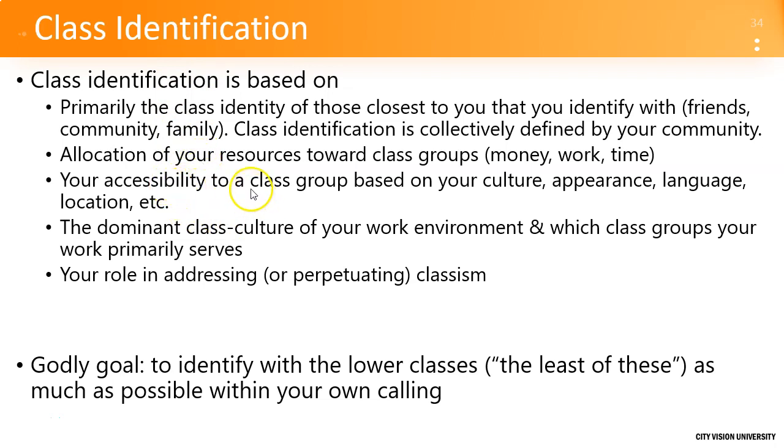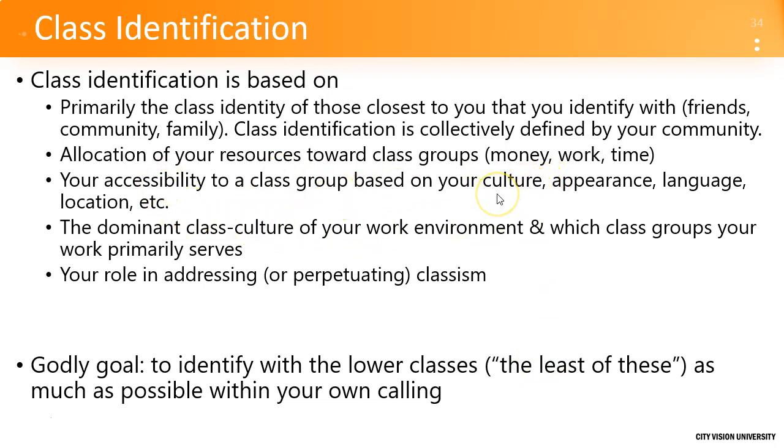Then your accessibility to a class group based on your culture, your appearance, your language, and your location. So part of what we're trying to do is to identify with the lower class as the least of these as much as possible, and also in doing that to extend your own social capital to other people. So how accessible are you?